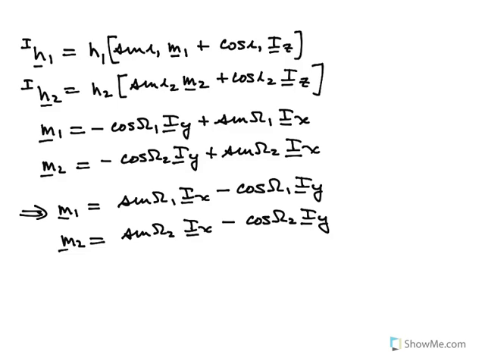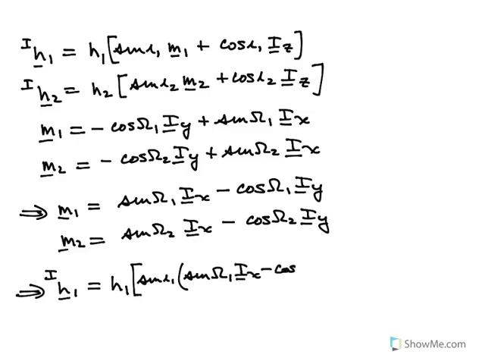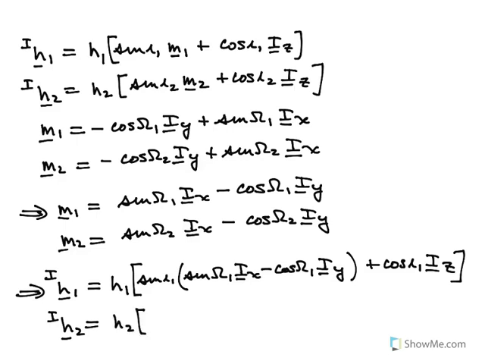And if I substitute those results back into the two angular momenta, I get H1 is equal to H1 times sine of I1 times sine of omega 1 times Ix minus the cosine of omega 1 times Iy, and then plus the cosine of I1 times Iz.